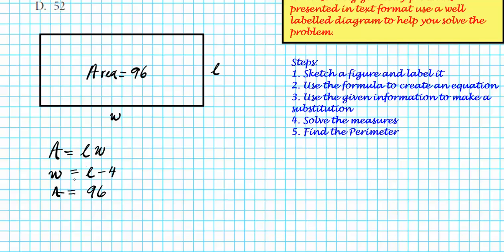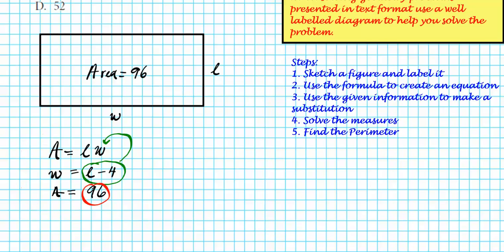For equation 2, I'm going to take L minus 4 and plug it in for W. That's the first substitution. And then I'm going to take 96 and plug it in for A in equation 1. So we are actually making 2 substitutions here.